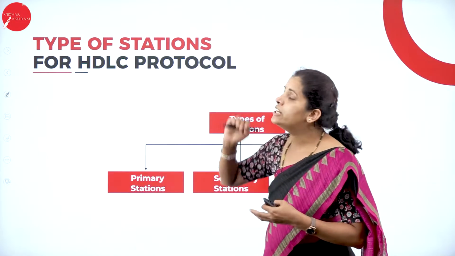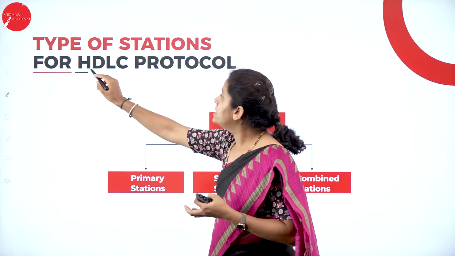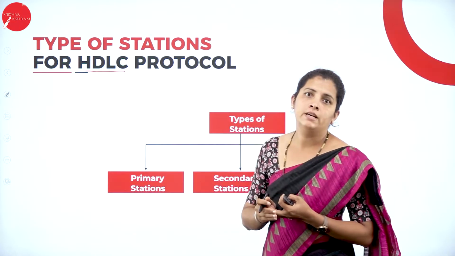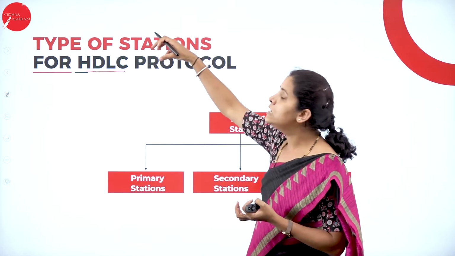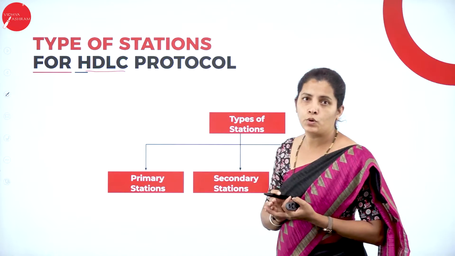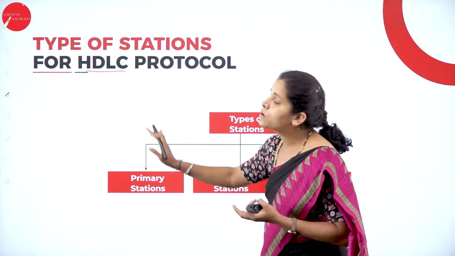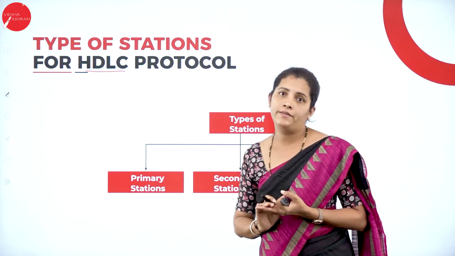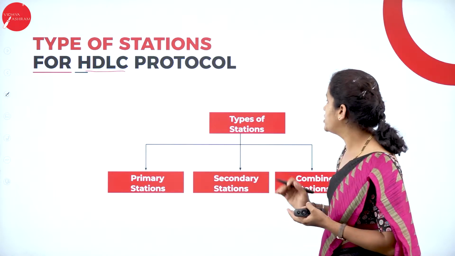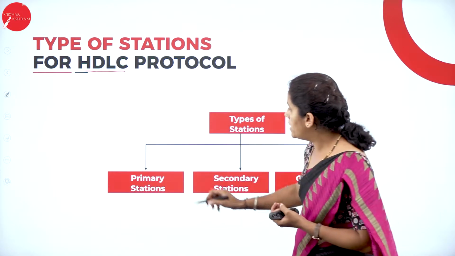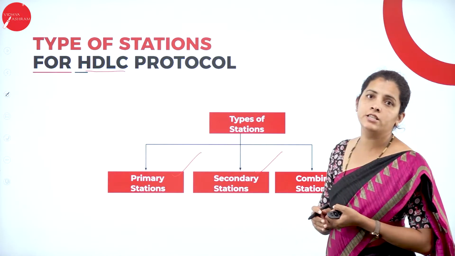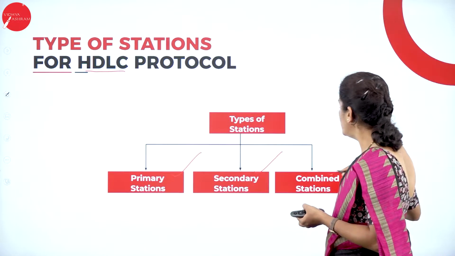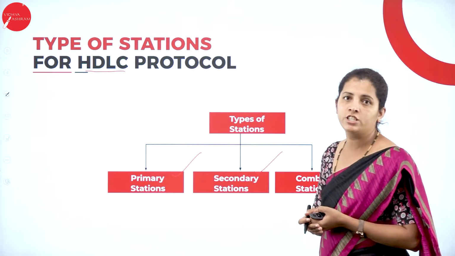So, what is HDLC? It is High-level Data Link Control protocol. Here we are going to get three different types of station. The first one is primary station, the second one is secondary station, and the third one is combined station.